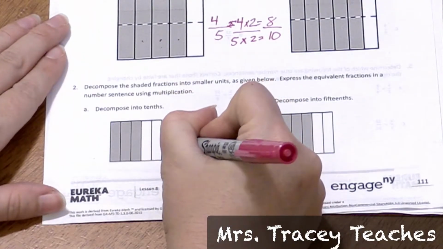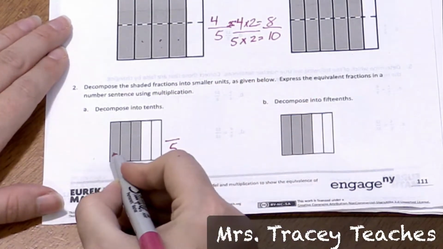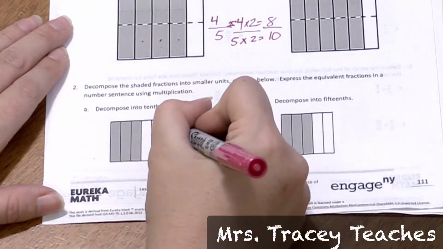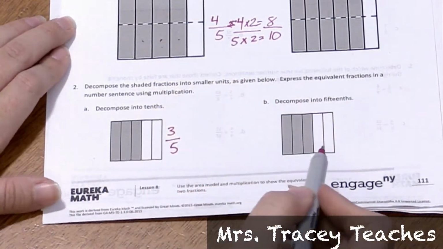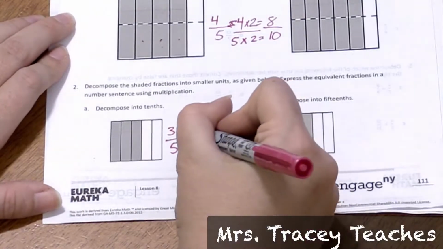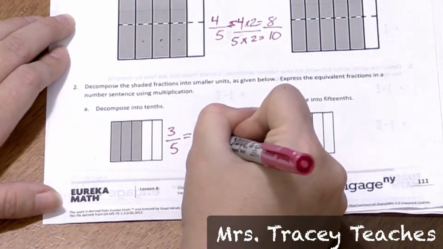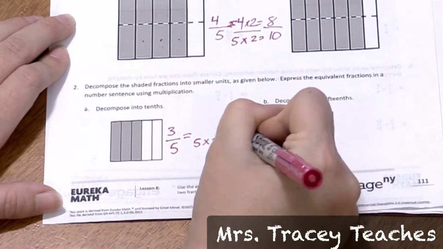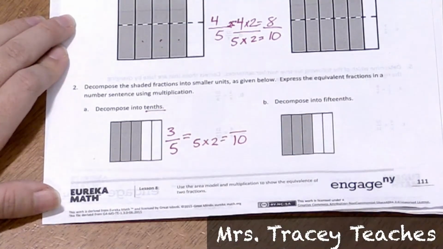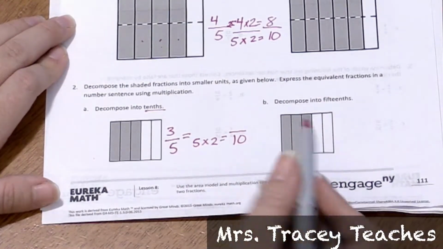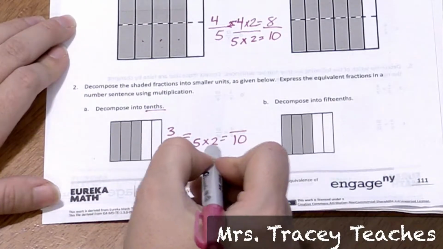So if I have 3 out of 5 colored in, 5 times what is 10? Good, 2. So 5 times 2 is 10. So that's what it means when it says decompose into tenths. It wants your bottom number to be tenths. And so I times it by 2.